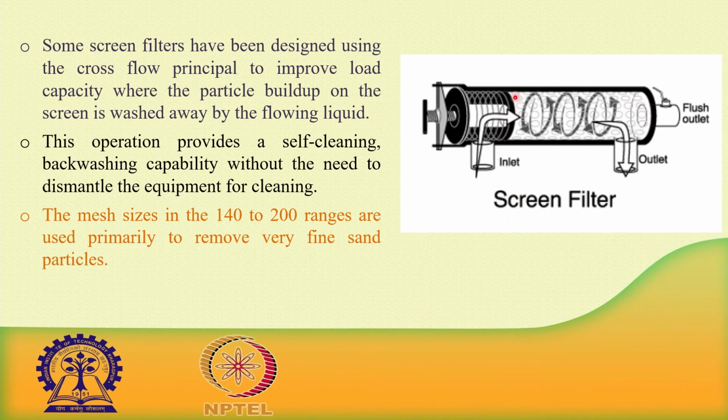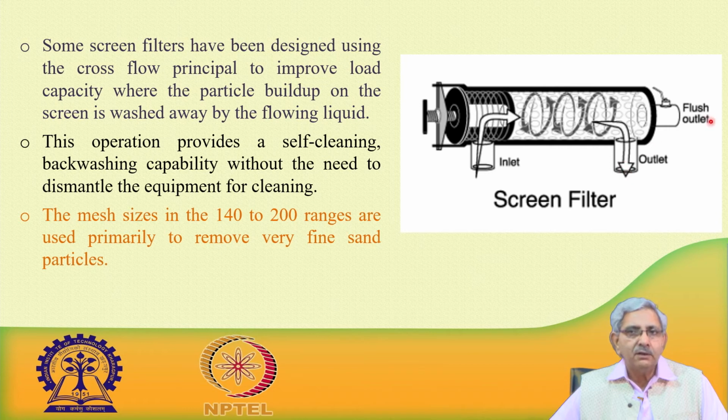Water enters from this end, then goes through the outer part to the inner cylinder, and then comes out at this end, and here there is a flush valve. These screens have been designed using the cross flow principle to improve the load capacity, where particles that build up on the screen are washed away by the flowing liquid.